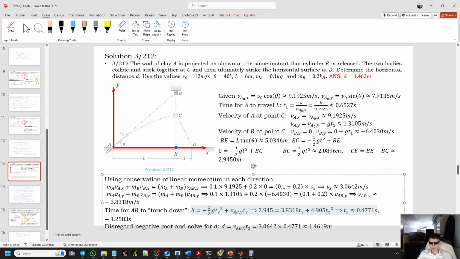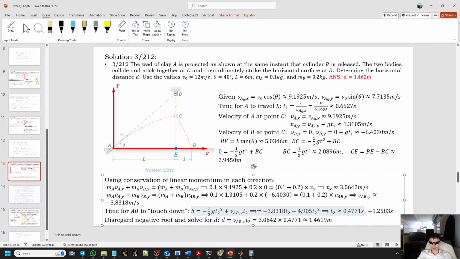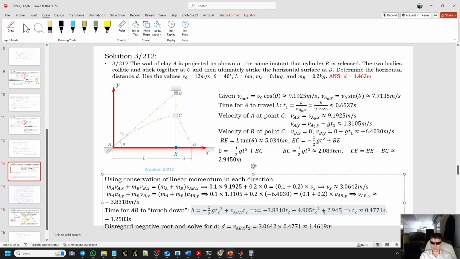What about VABY? It is minus, okay? So we have to put minus here, and again minus here. And what about y0? Y0 is positive, which is this way, if you have to put it on the right hand side.